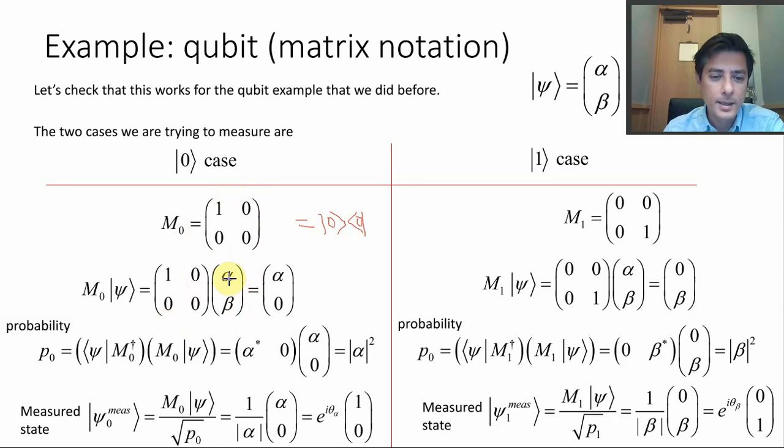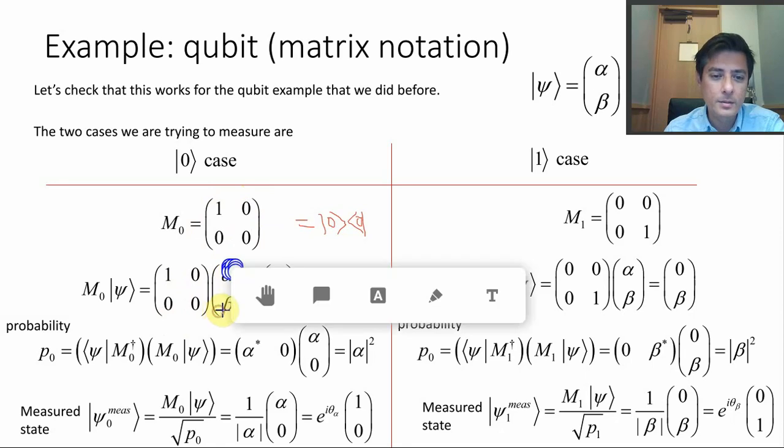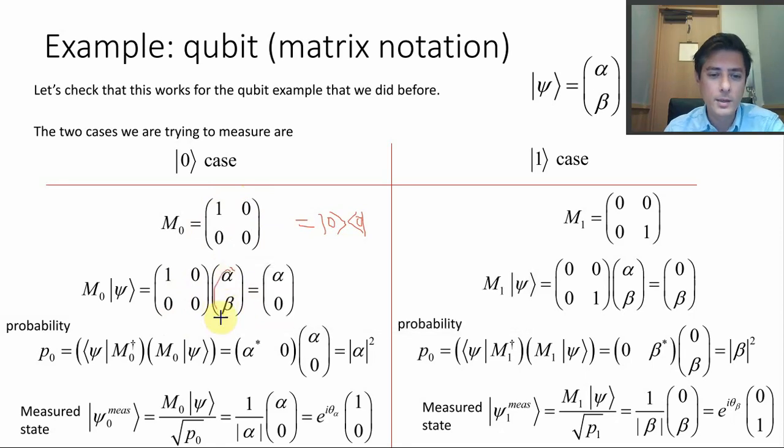We take this vector and multiply it by that row, so it's alpha times 1 plus beta times 0, so that's alpha. Over here it's alpha times 0 plus beta times 0, so that's 0. So that's the vector that we get.